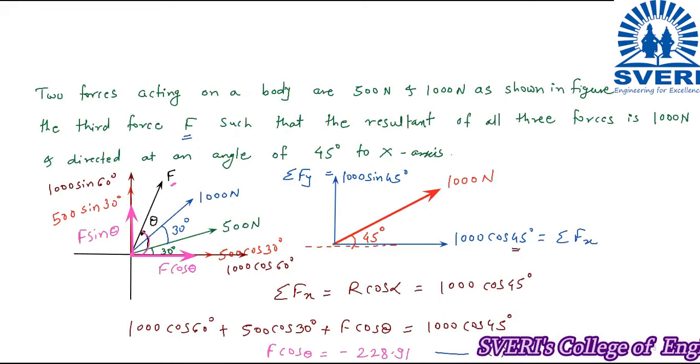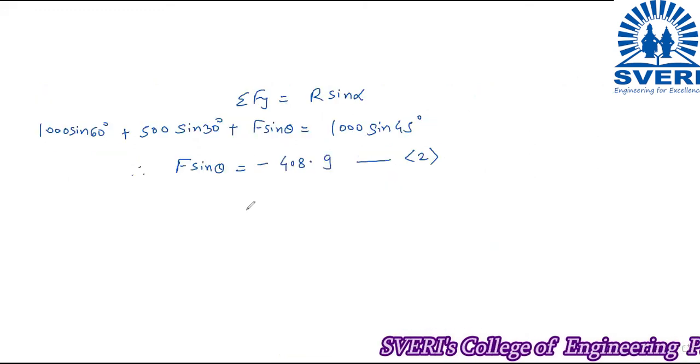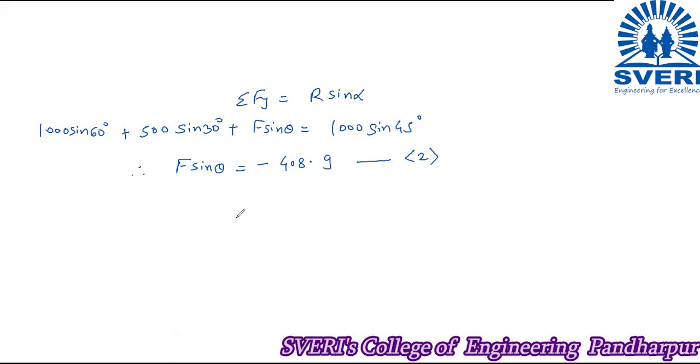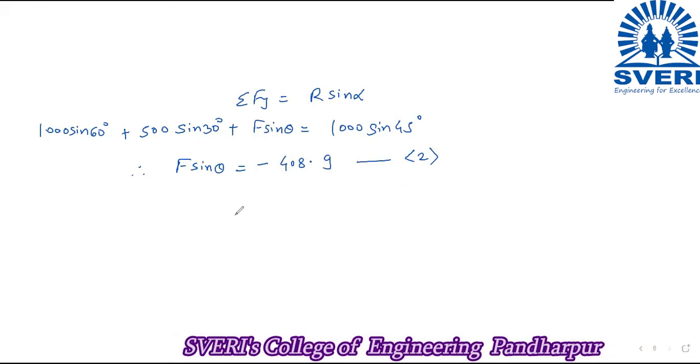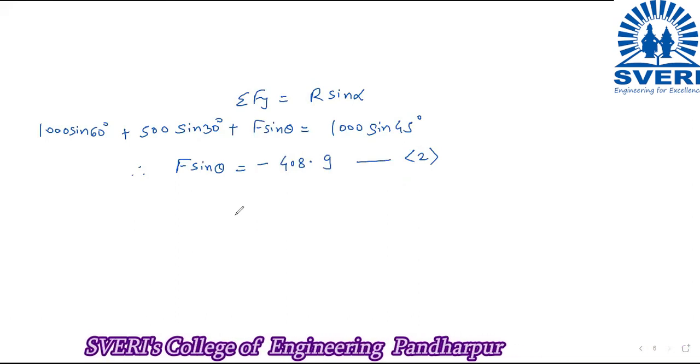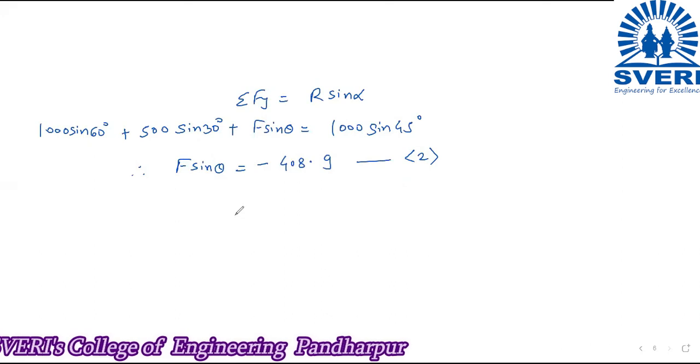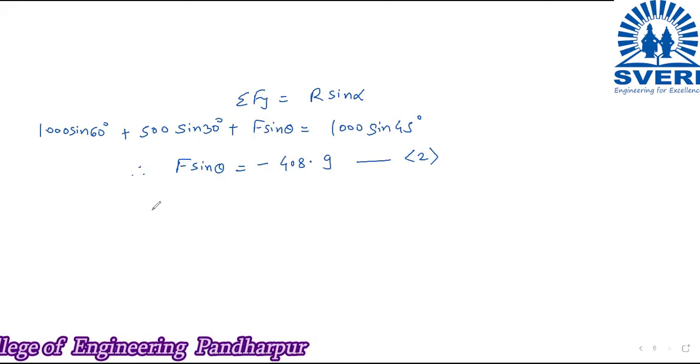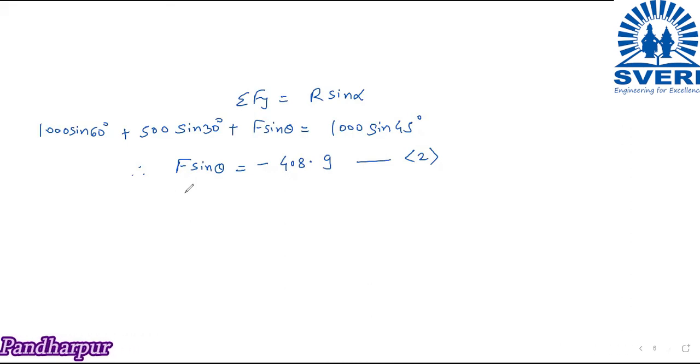Also I am having my equation number 1. So instead of dividing, this time we will do something different. We will square and add them so that we will get the value of force F. You can also divide equation 2 by equation 1, as we did earlier. From that F gets cancelled.